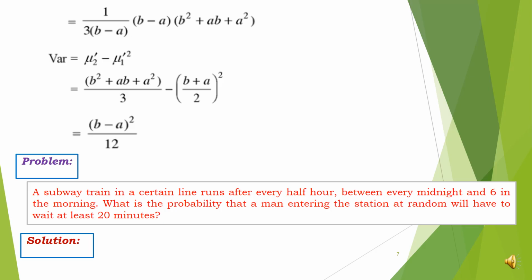The first one is on subway train waiting time. In this problem, a subway train arrives every 30 minutes and a person arrives at a random time. We are asked to find the probability that the waiting time is at least 20 minutes. Since the arrival time is random, the waiting time is uniformly distributed between 0 and 30 minutes.